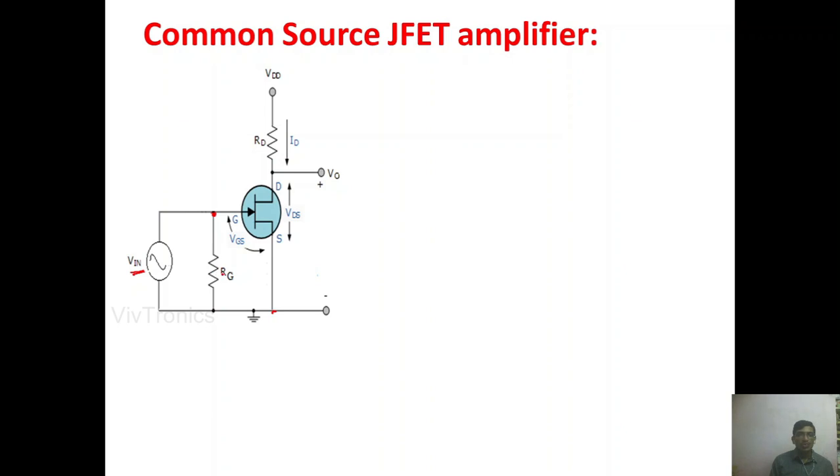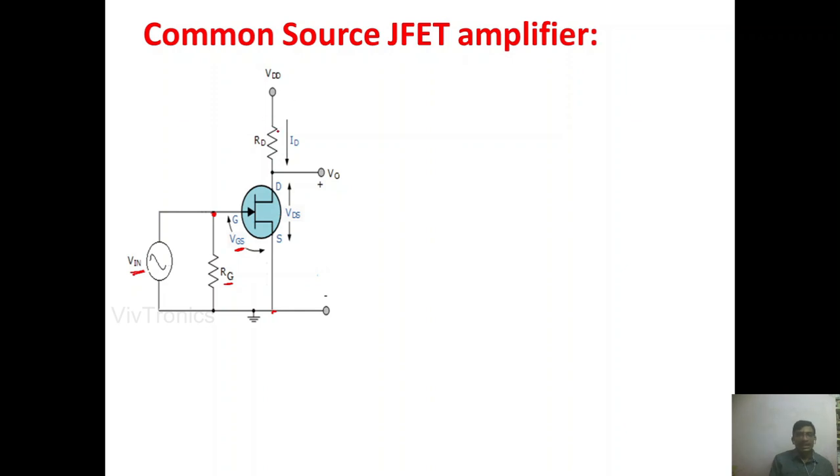From the gate to source, we give one biasing resistor called RG, where RG means gate resistance. The input voltage between the gate and source is represented with VGS, the gate to source input voltage.